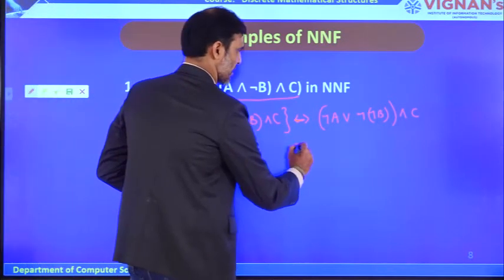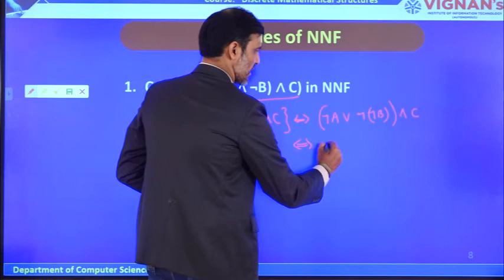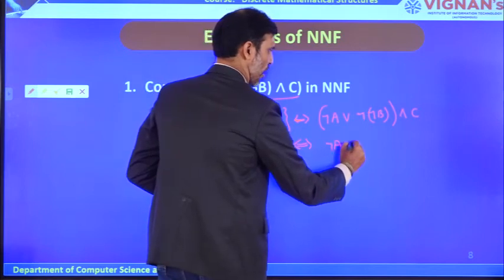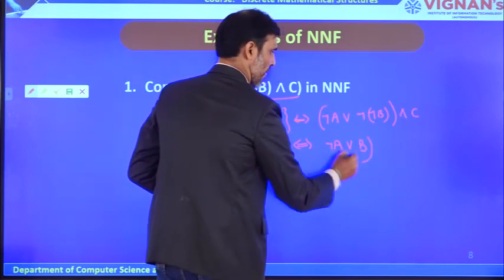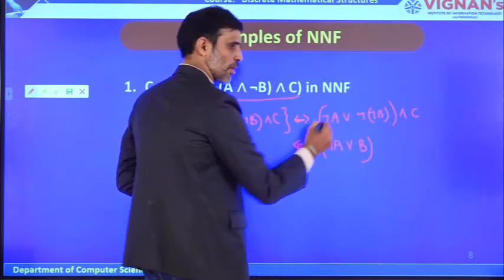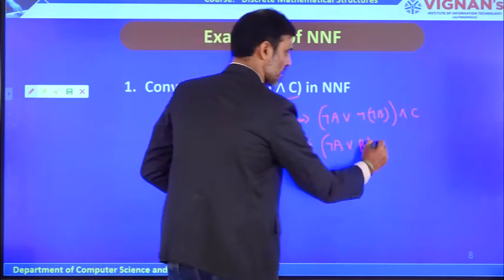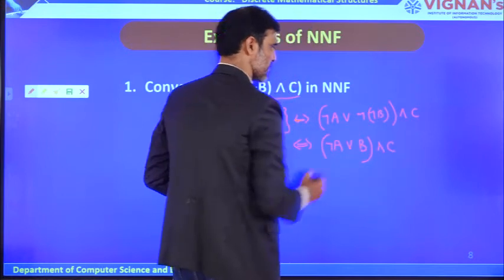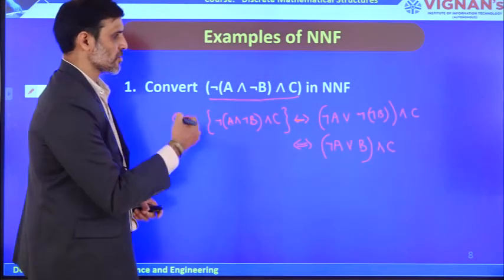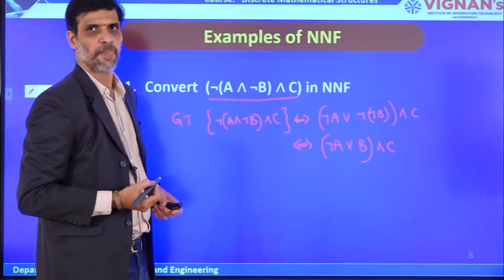Now this can be written as negation A or B, because negation of negation B is B only, and C.